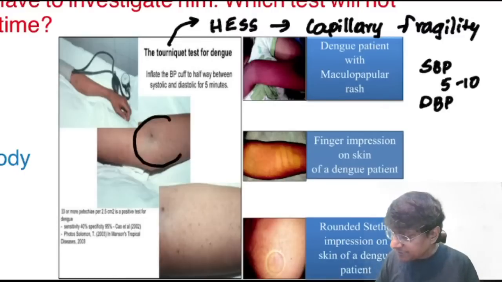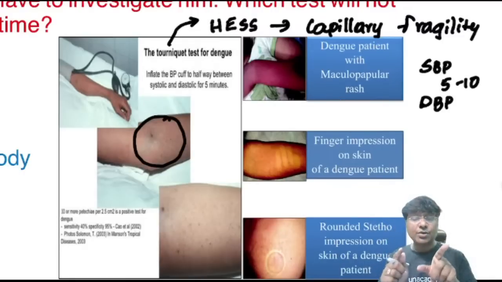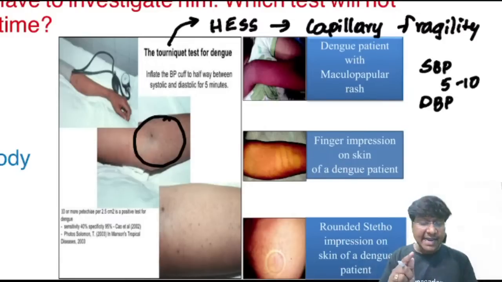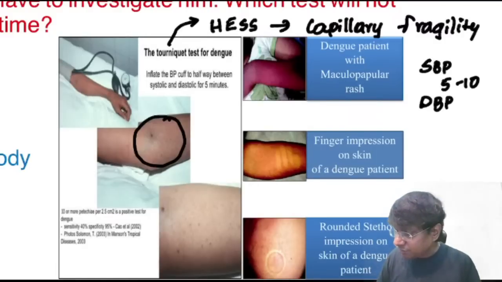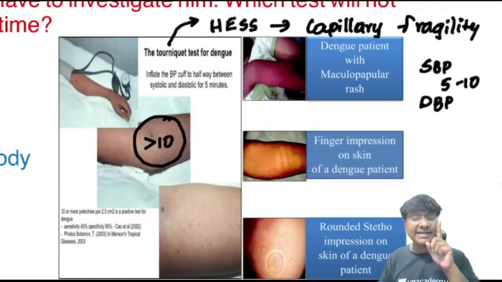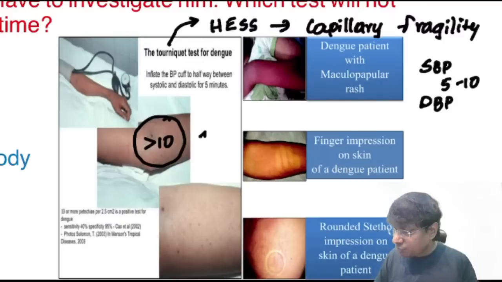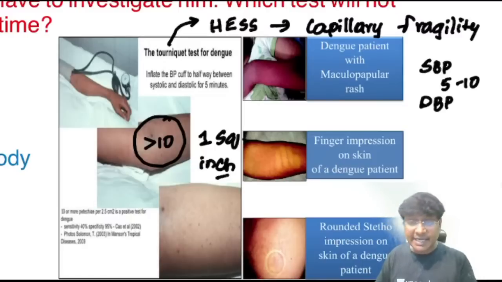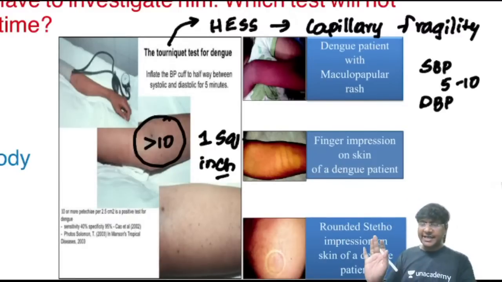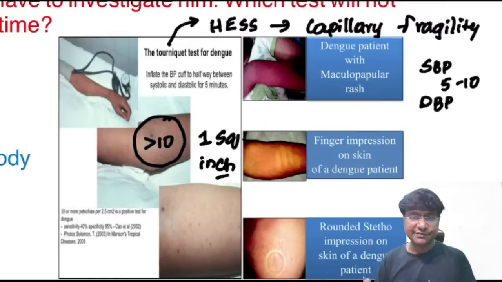And when will you consider the test to be positive? If the petechiae are more than 10 per 1 square inch, then your Hess test is considered to be positive.